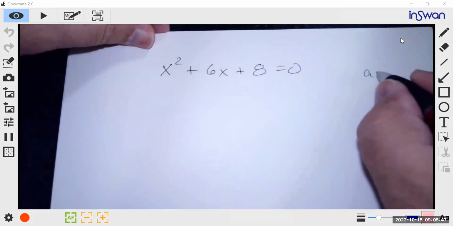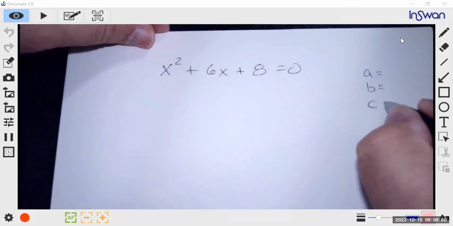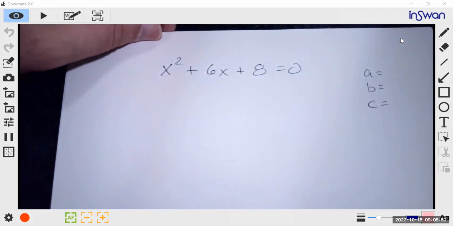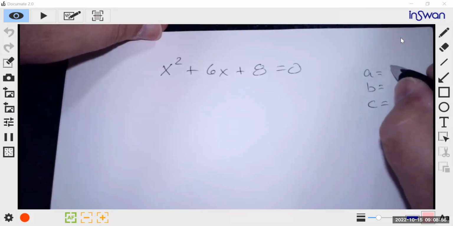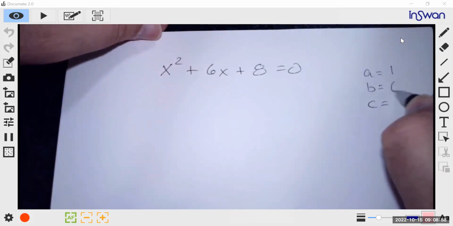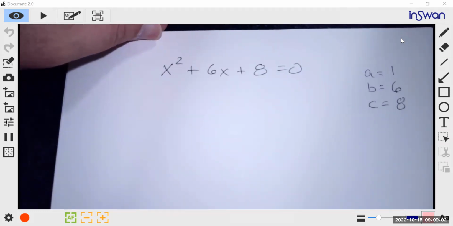So we have to label a, b, c. a is 1, b is 6, c is 8. The coefficients.